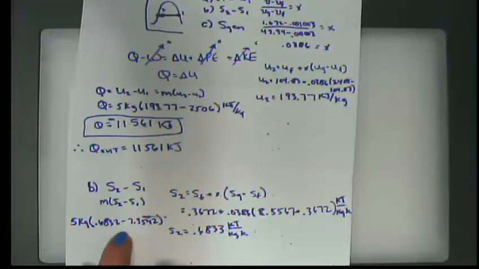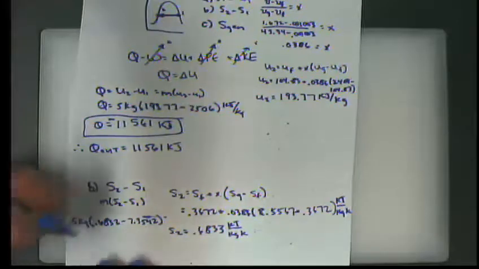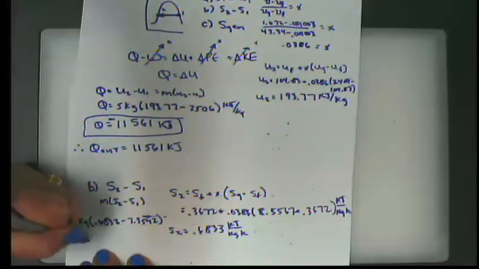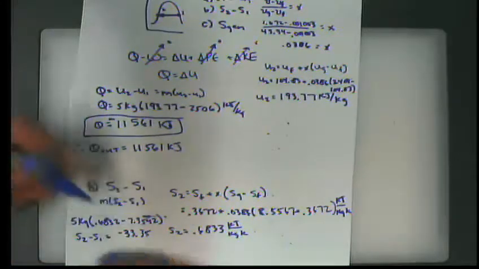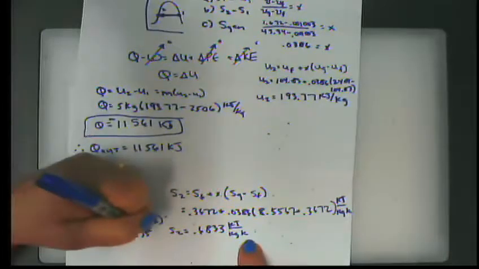So I've got this number, 0.68 whatever, minus 7.3542, and I multiply that number by 5 kilograms, and I get a value. My S2 minus S1 then is equal to negative 33.35, and I've multiplied by kilograms, so that's kilojoules per degree Kelvin.